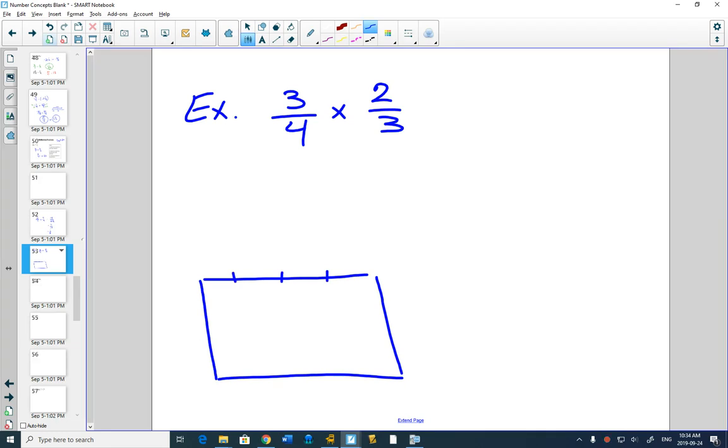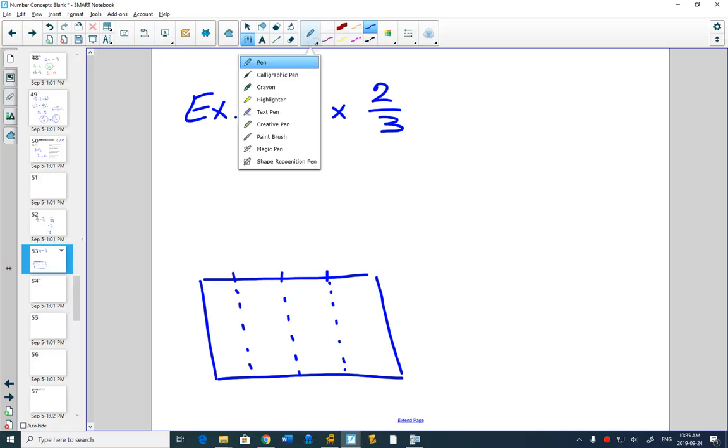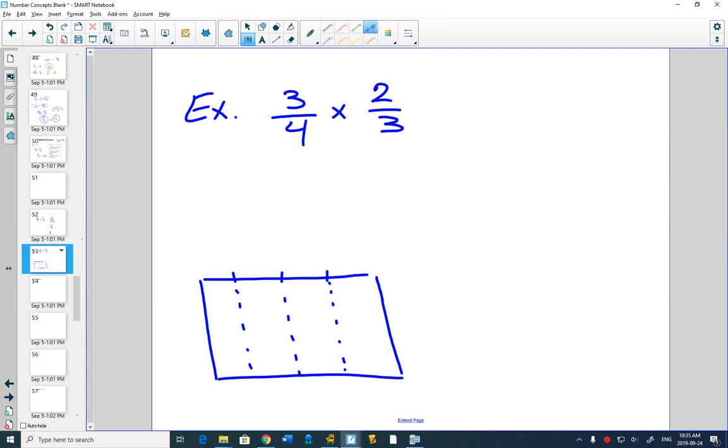Would you agree that 3/4, if I just draw those dotted lines down, that 1, 2, 3 pieces would be 3/4? So if I shaded 3/4, I'm going to use a crayon. There we go. There's 1/4, there's 2/4, there's 3/4.